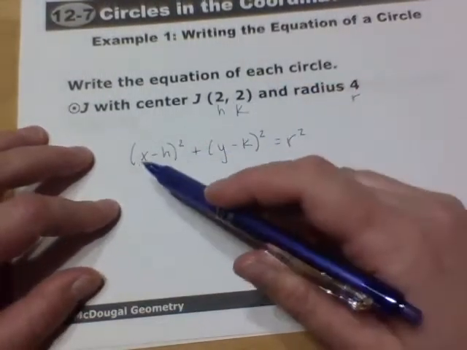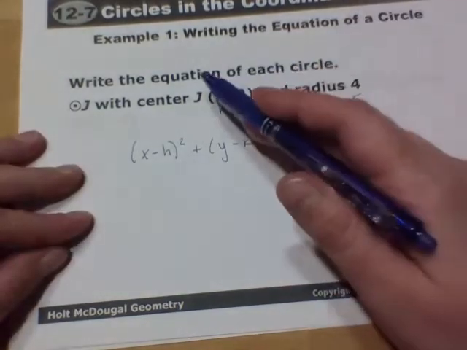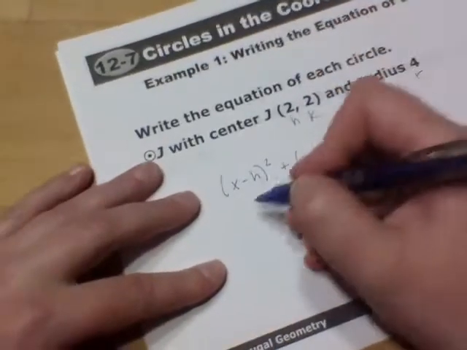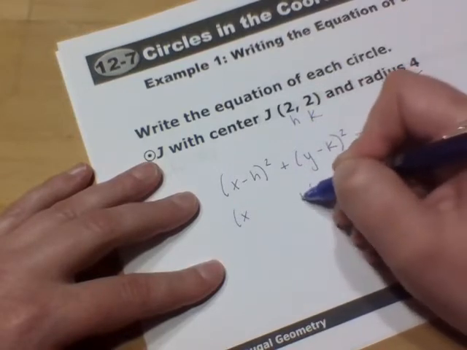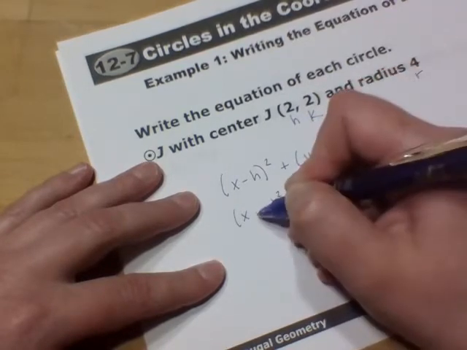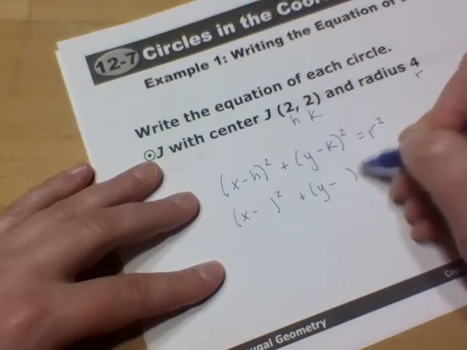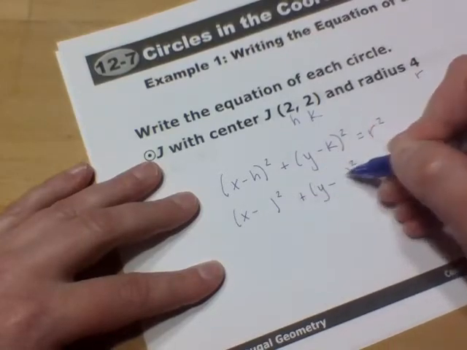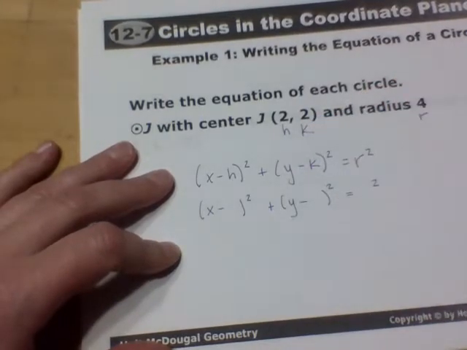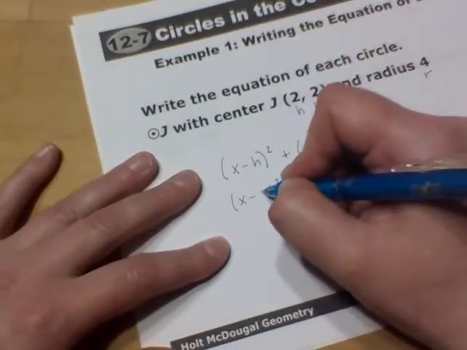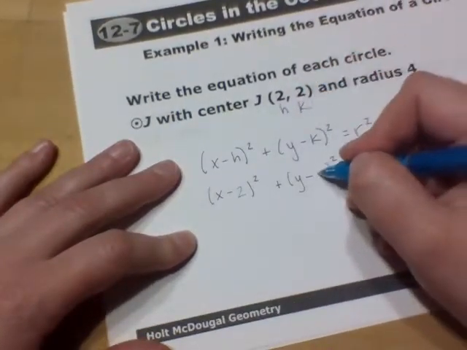So notice that there are no x's or y's here, because every equation needs to have an x and a y. So we're going to keep our x, we're going to keep our y. In fact, the only thing that we're going to insert here is the h value, the k value, and the r value. So the h value is -2. The k value is -2.